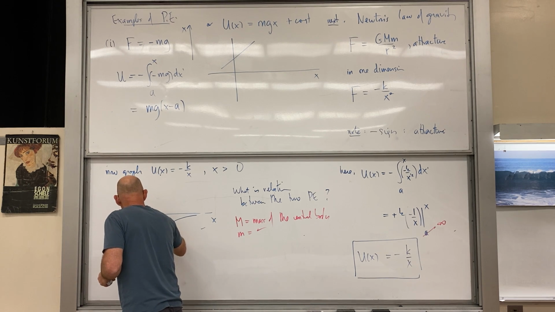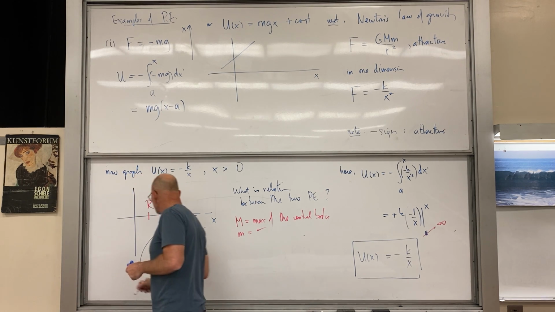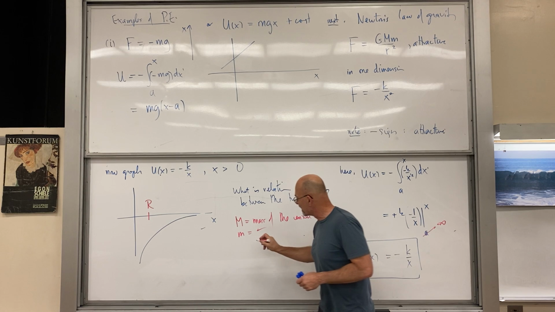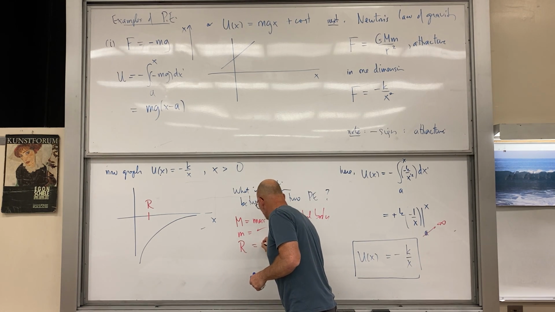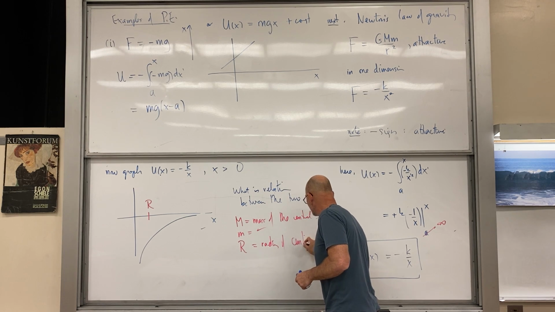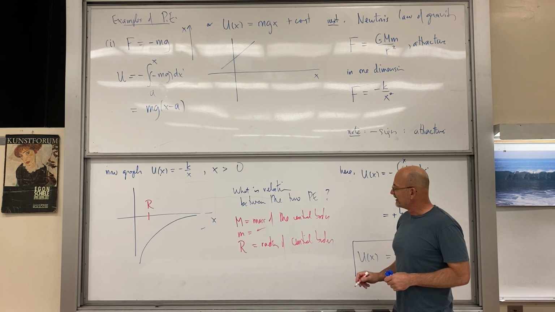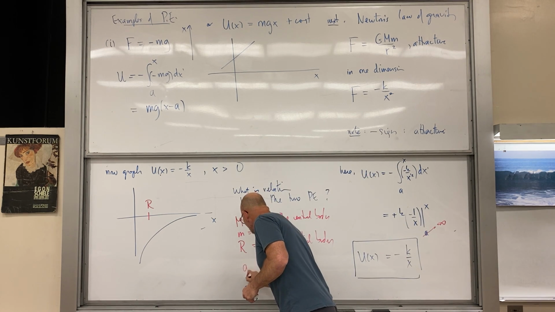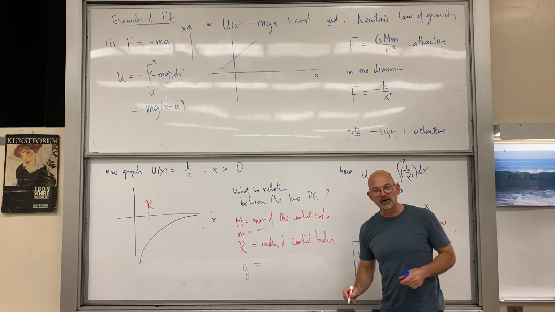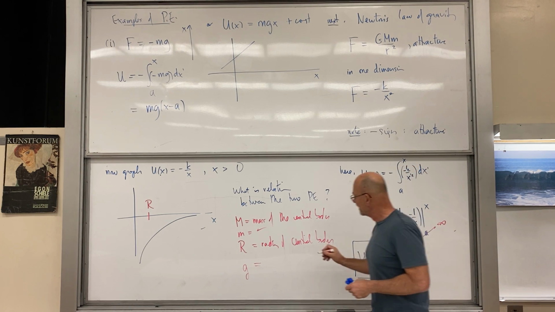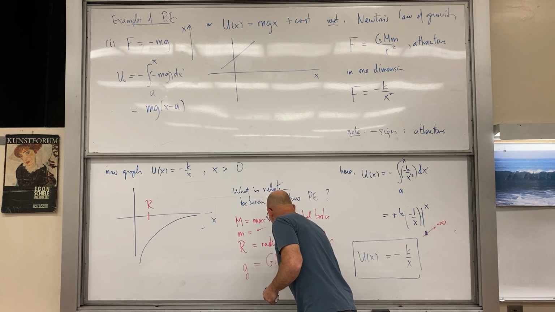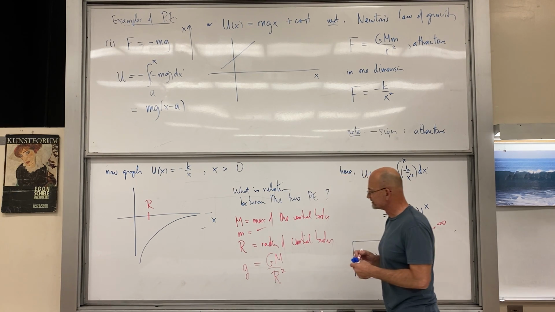We have to imagine there is a finite radius of the central body. Capital R equals the radius of the central body. And then this lowercase g, which is our 9.8 meters per second squared here on Earth, is equal to capital G M over capital R squared.